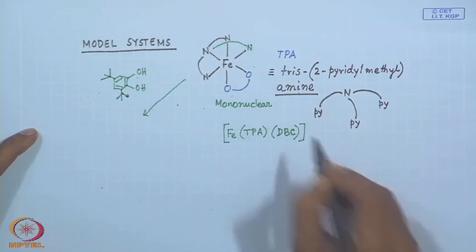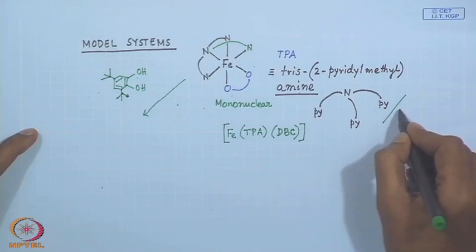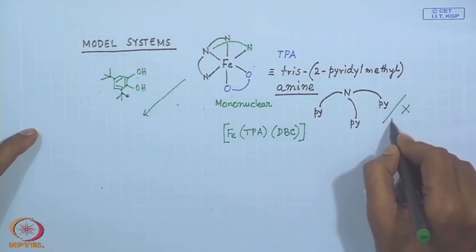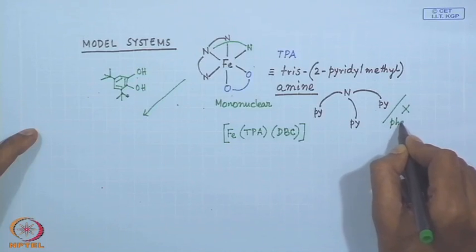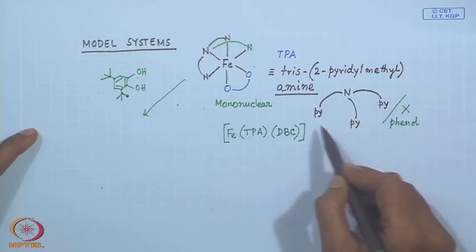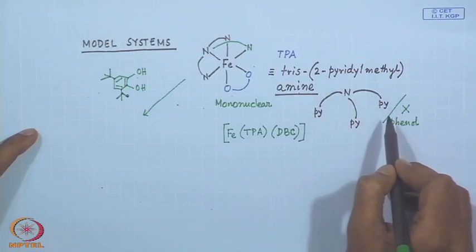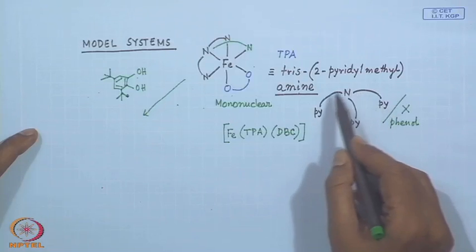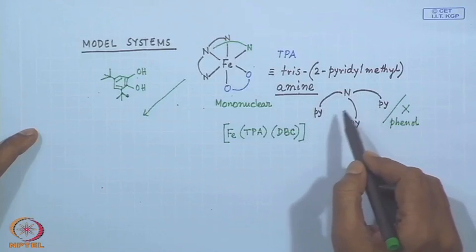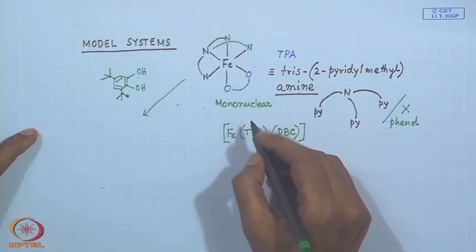Interestingly, we will find that there is no phenol type of ligand. All of them are neutral nitrogen donors. So, this ligand system can also stabilize iron in the low oxidation state, that means the +2 oxidation state.